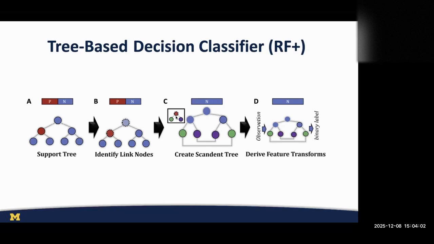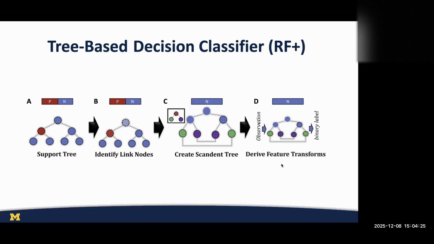If we see the linked node as separating into the left child or the right child, we can think of this in a binary way as distinguishing 0 or 1. And then we can use this scandent tree to create features based on these linked nodes.